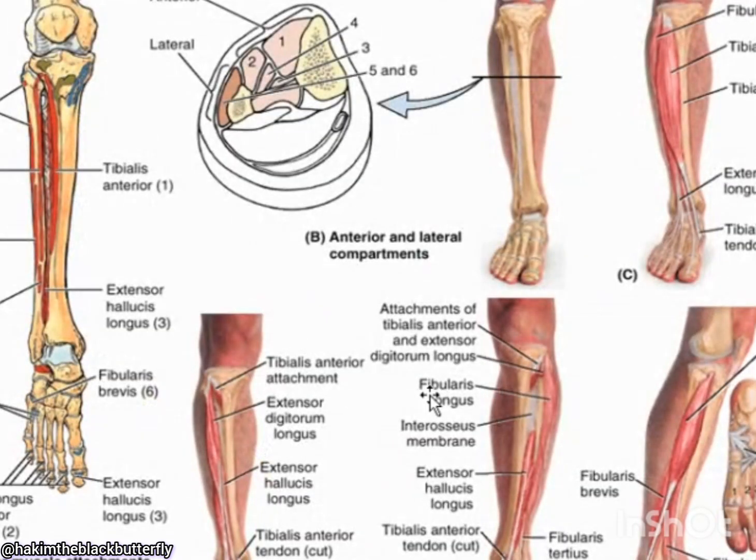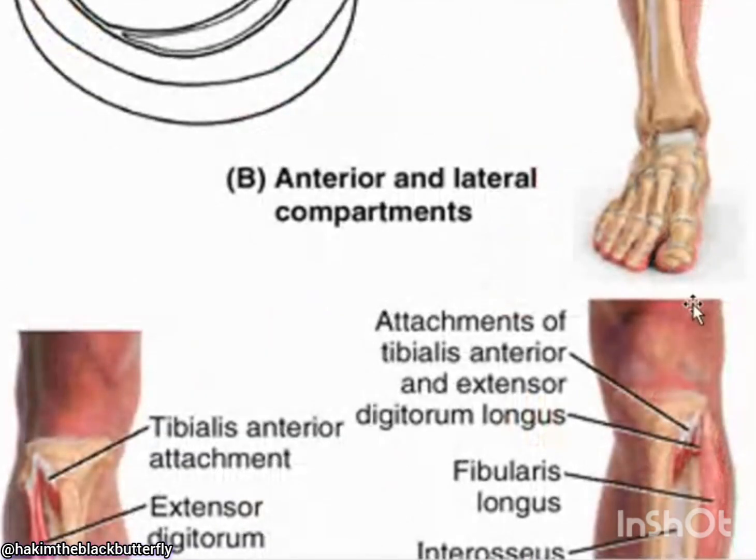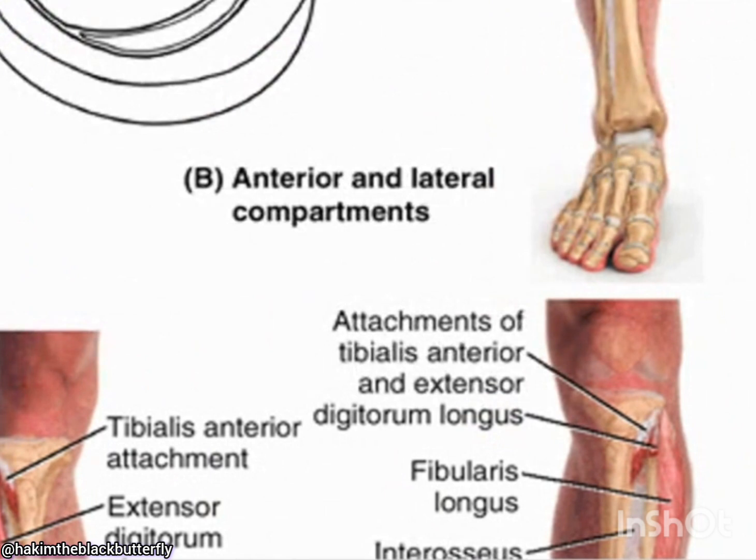So when we want to see our extensor digitorum, let's look at this one here. This is our extensor digitorum. It's sending tendons to the distal phalanges of digit number 2, number 3, number 4, and number 5.